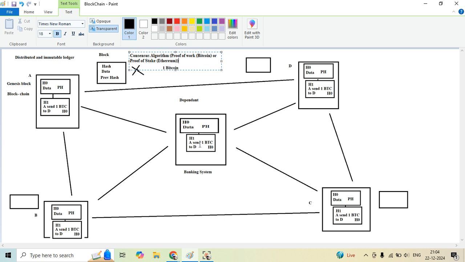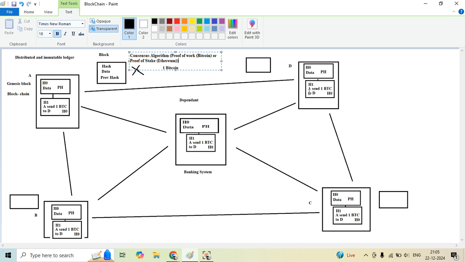And also whenever the banking server crashes, the system crashes. But here it is a distributed system, and if any one of the blockchain crashes, there are many other copies of the ledger or copies of the blockchain, and there cannot be loss of runtime.